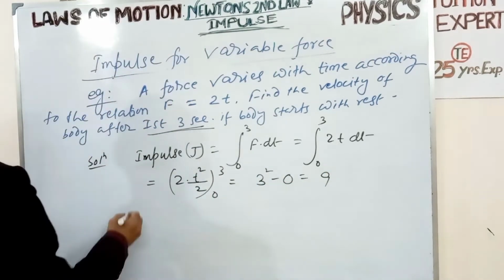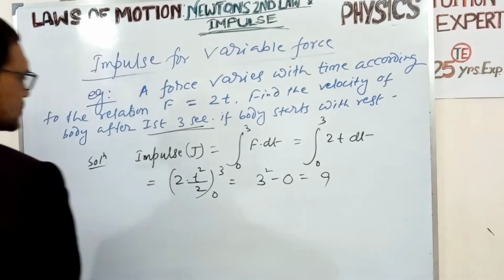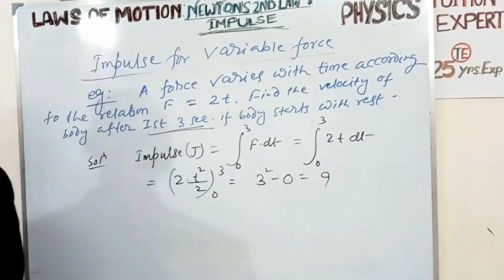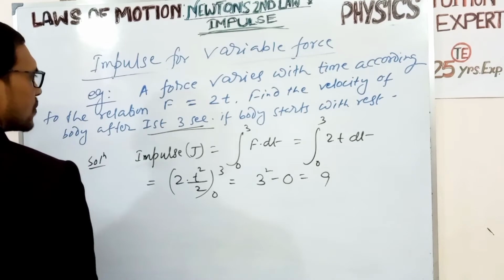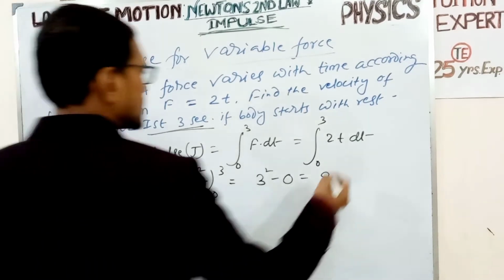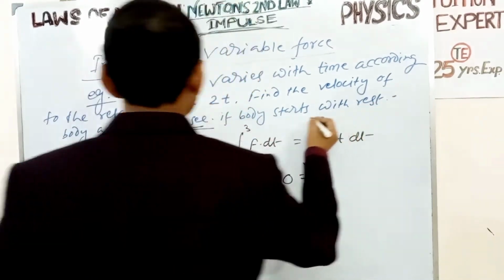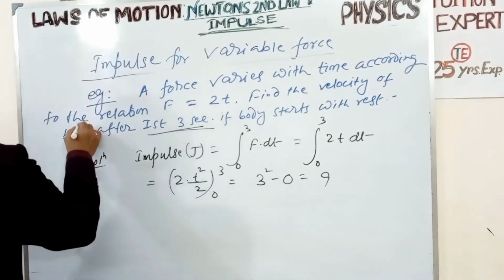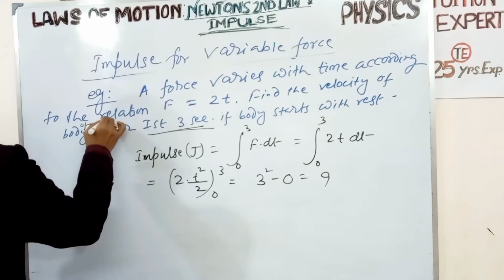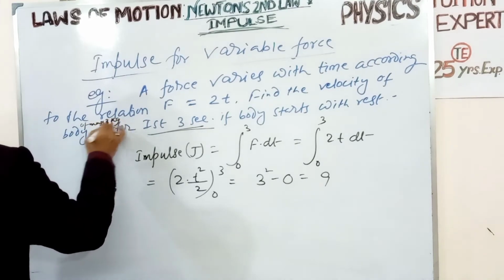Now impulse equals change of momentum. Force varies with time according to the relation. Find the velocity of the body of mass 3 kg. Mass is given as 3 kg.